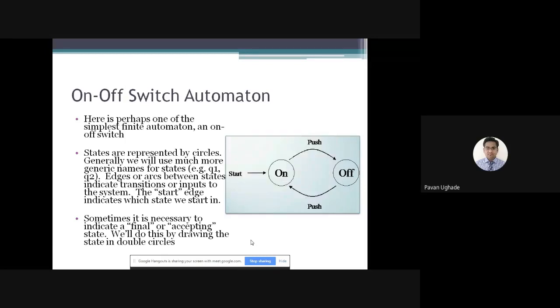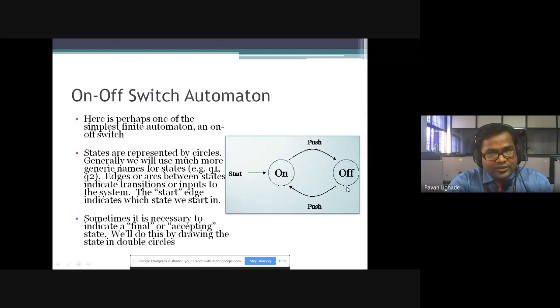Please try to understand, this is the automaton that you are going to see. If I have a button switch which is in the on state, states are generally represented with a circle. If it is on and I push the button, definitely, as the student has said, it moves to the off state, isn't it?